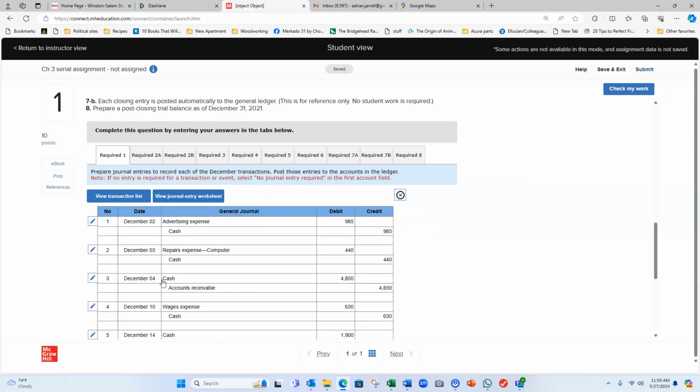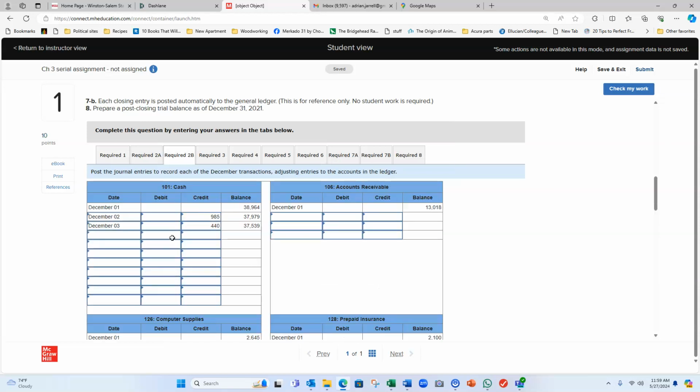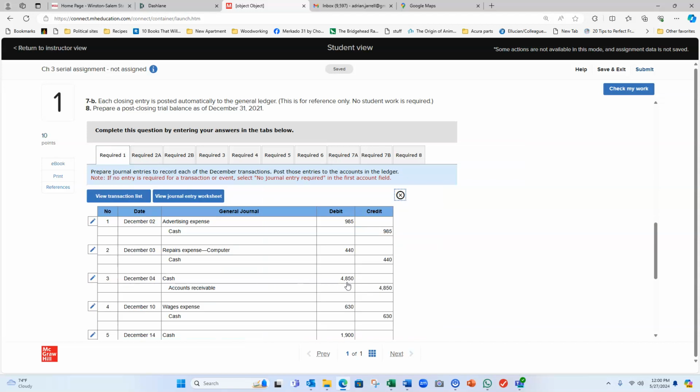And one last one, debit. We got cash from accounts receivable. So debit cash, credit accounts receivable on the 4th, $48.50. And it's important to check those dates and make sure you got everything right, because that's how you're going to find these entries if you're in the general ledger.